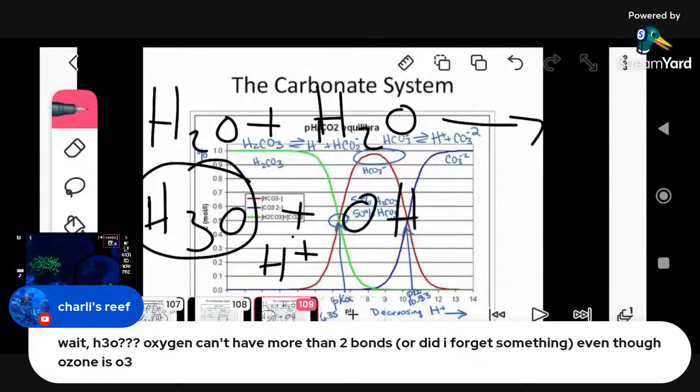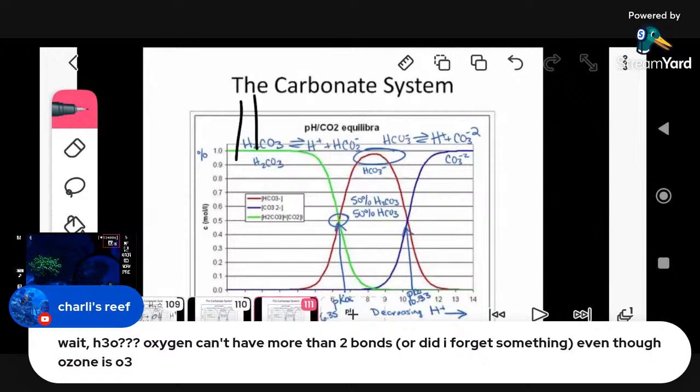So in reality, the H3O is what's really going on in nature. In nature, there's no H plus in the water. What's really happening is, we just have water, right?